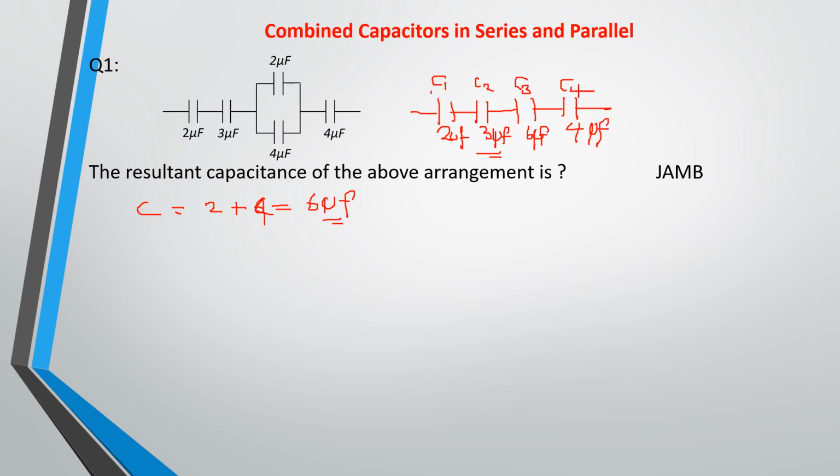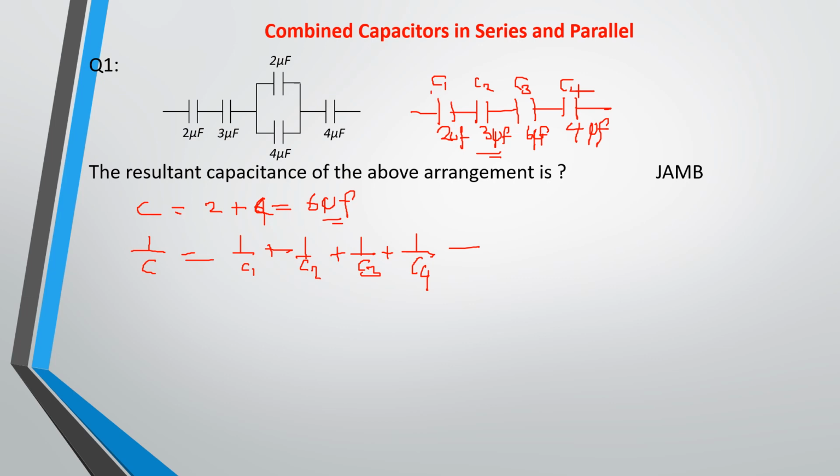So their combined capacitance is the sum of the reciprocal of the capacitances. So the combined capacitance will be equal to 1 over C1 plus 1 over C2 plus 1 over C3 plus 1 over C4.